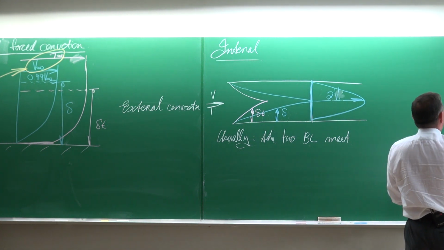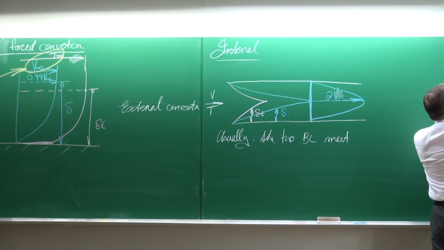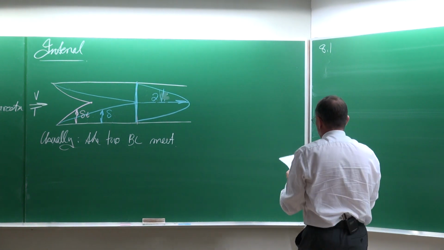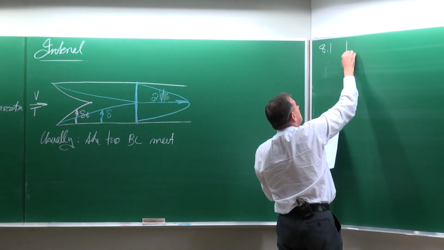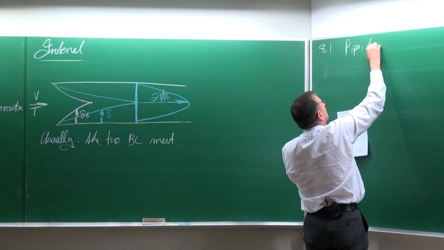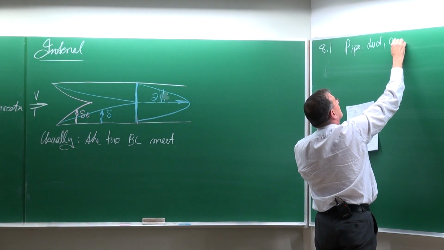In terms of examples of geometries in which we normally have internal forced convection, we can start with the simplest one, which is a pipe, a duct, or a conduit.